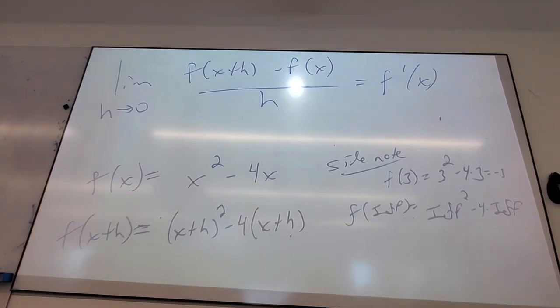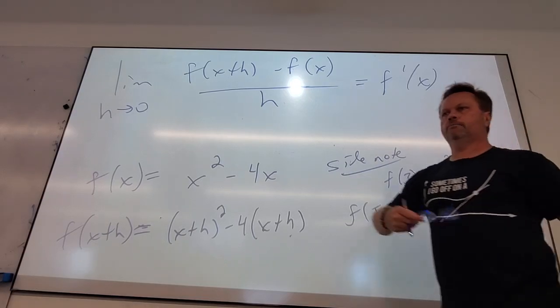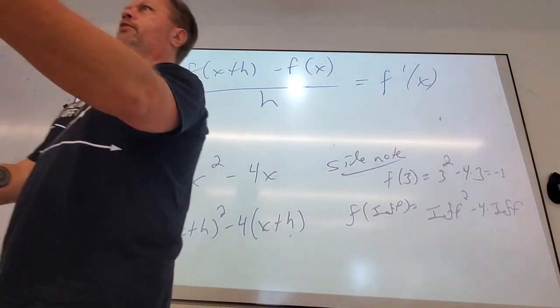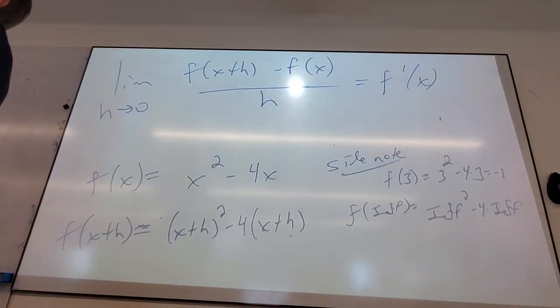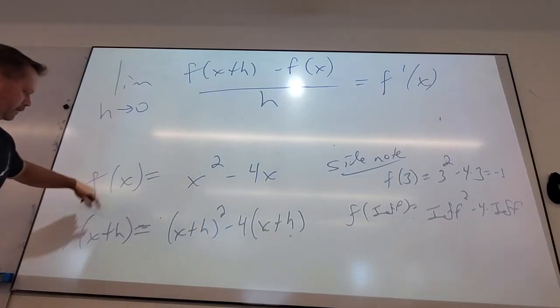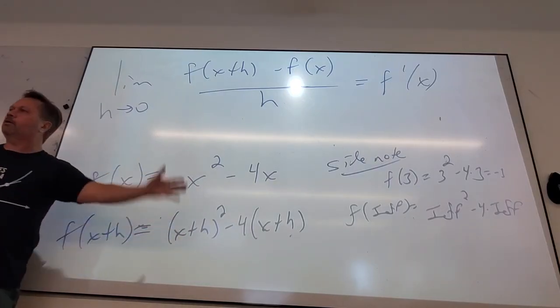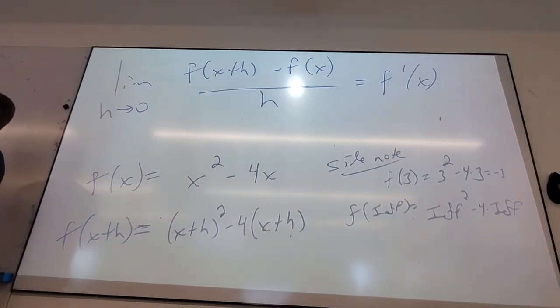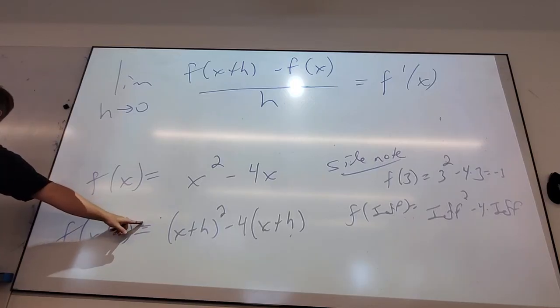I mean, function notation is one of the most single-minded, simple little things. It's like, whatever you put in me, put it in. So if I replace x with x plus h here, I replace x with x plus h there. Whatever's in there, you just put it in there. People make this whole big deal out of it. Now, can I do anything to simplify this?